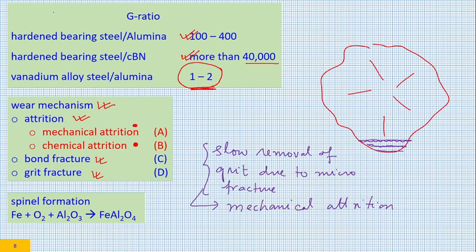Now how is it related to vanadium steel? These vanadium steels would have vanadium carbides. These are very hard. Because they are very hard, when a vanadium carbide particle moves against this, it basically removes microcrystals, it removes the grit by almost micro cutting action.